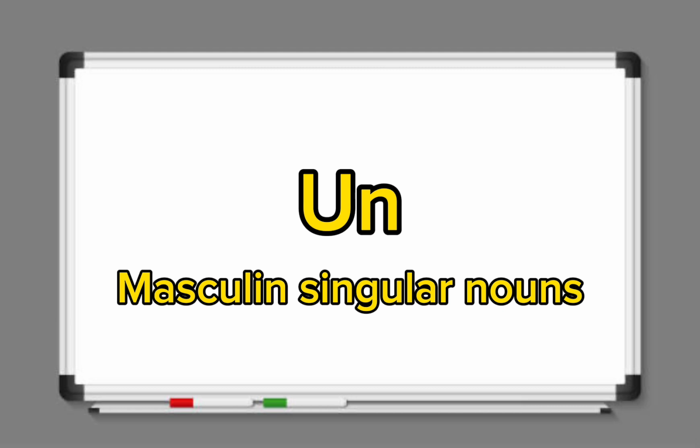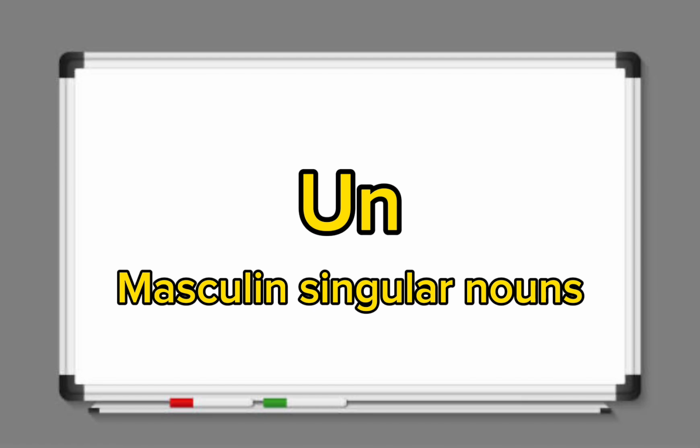Let's see these articles one by one. Now you can see on the screen, first, un. This article we use with masculine singular nouns. The meaning of this article is, as I previously mentioned, a, an. The indefinite articles a, an.